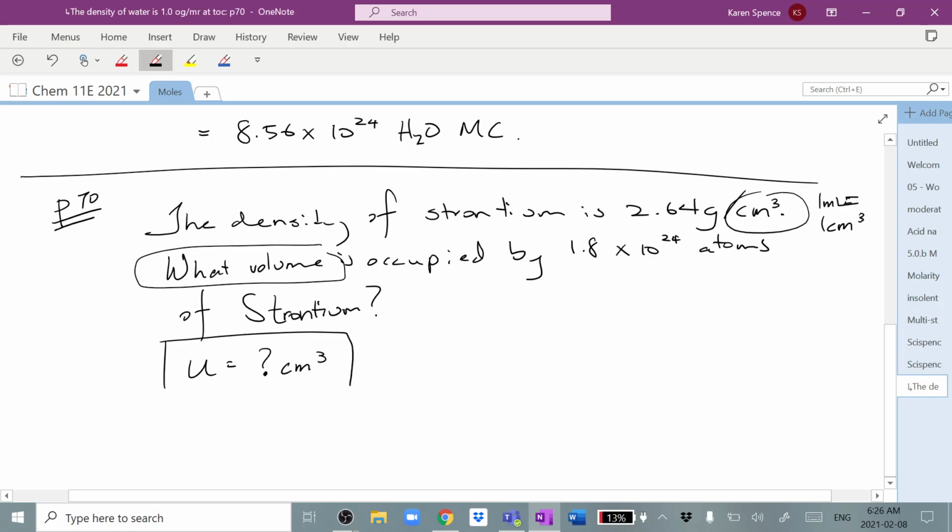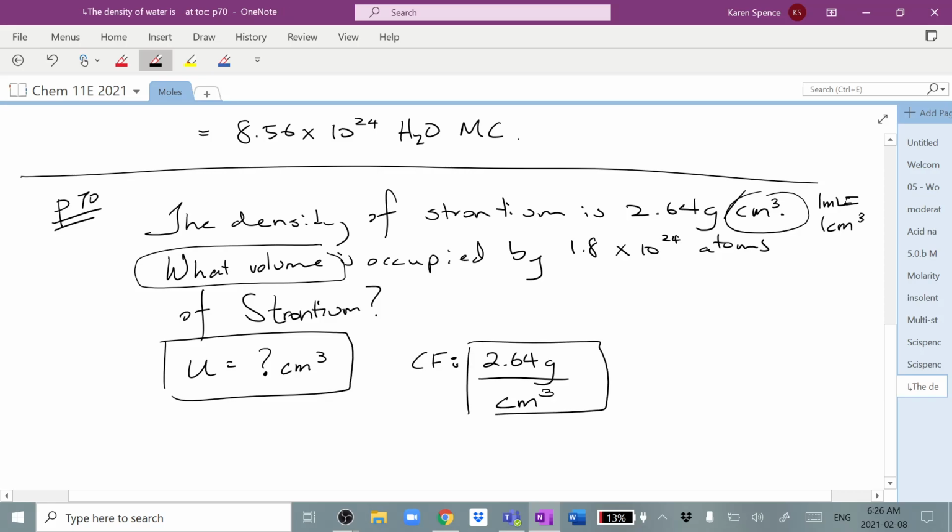That's our unknown. A conversion factor will be our density, 2.64 grams per centimeter cubed. And we are told that we have 1.8 times 10 to the 24 atoms. That is going to be our initial quantity.